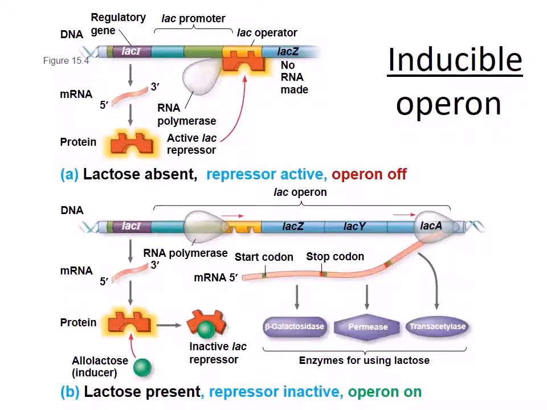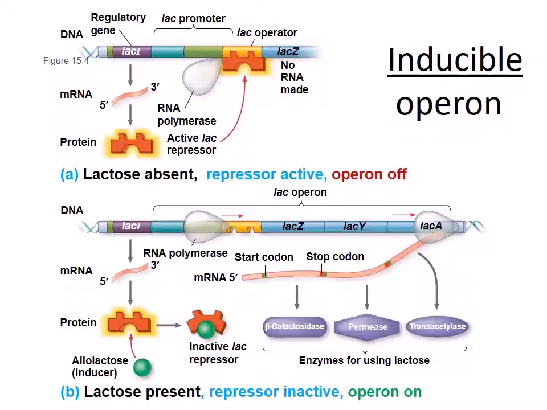So if lactose is not present, the repressor is in place here and RNA polymerase cannot bind, so you don't get any mRNA made and you don't get any enzymes that can deal with lactose.